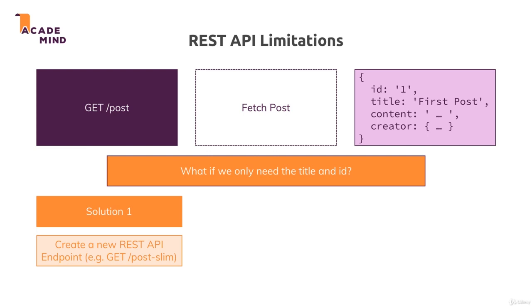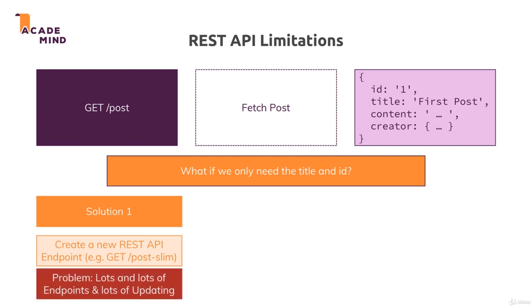So our solution could be to simply create more endpoints that return the data you need for each of these endpoints. The problem is, you'll have a lot of endpoints and you'll have to update them continuously, and you also have a very inflexible solution here.